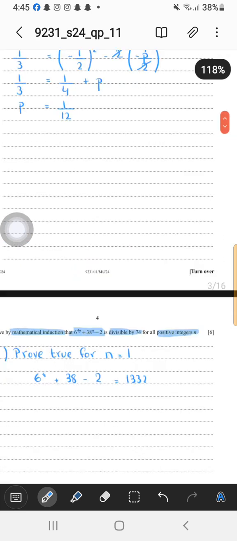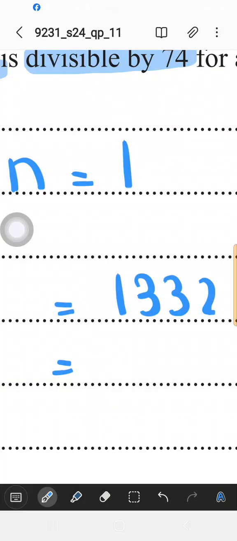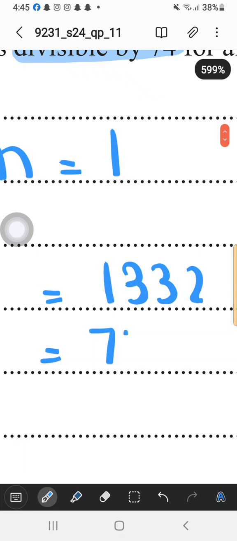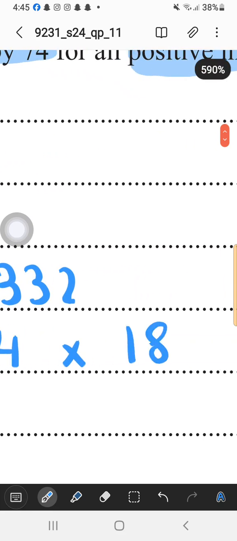Now we have to check whether it is divisible by 74. Yes, 74 multiplied by 18 gives it.